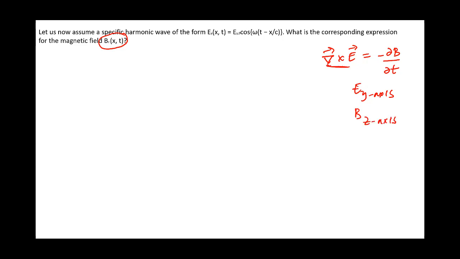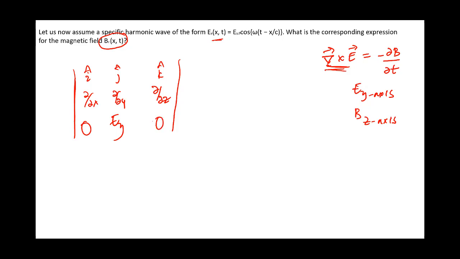and you know how to do the curl, right? So curl of E, you simply pick i, j, k, and the curl operator is dou by dou x, dou by dou y, and dou by dou z. And you have the electric field only along the y-axis, so EY, the other two things are 0.